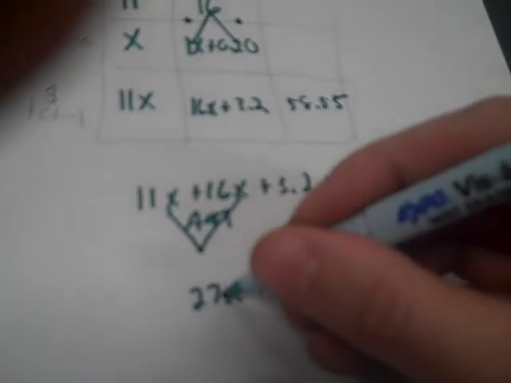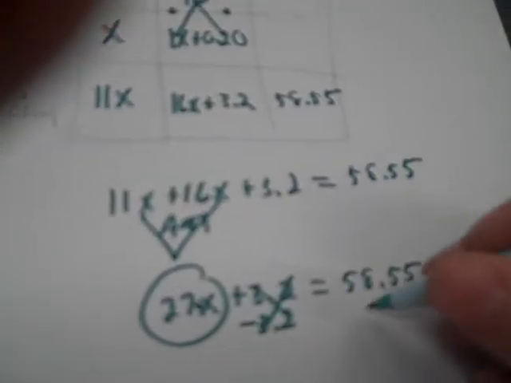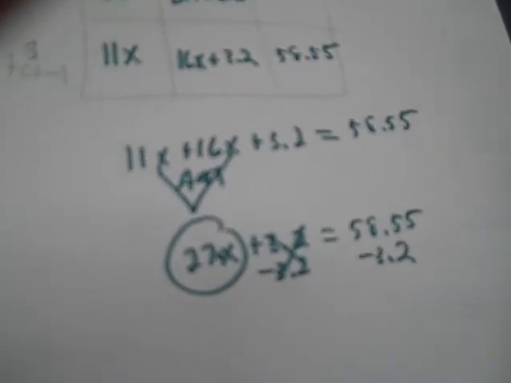So add. 11 plus 16 is 27X plus the 3.2 before equaling 58.55. And then I dot my 27X, and then minus 3.2, minus 3.2. 58.55 minus 3.2 is 55.35.